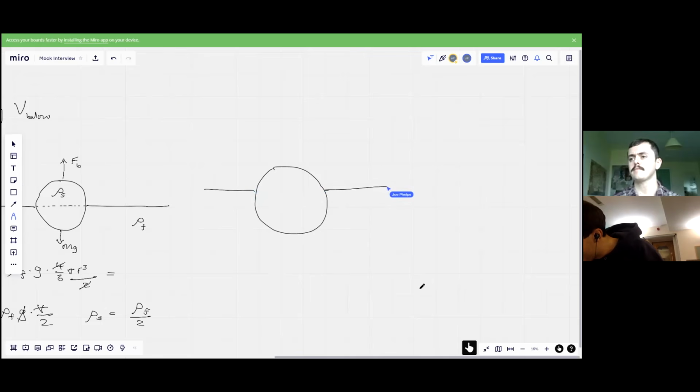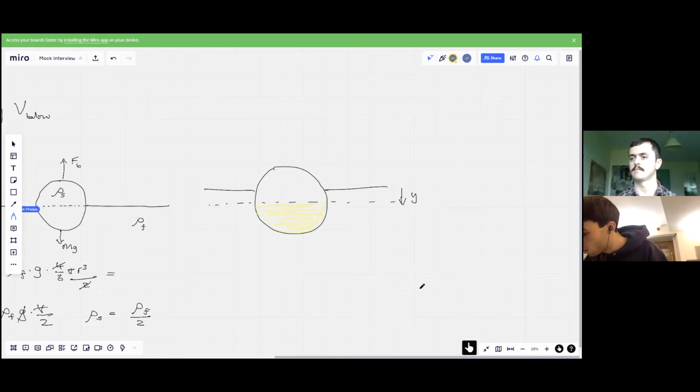So at equilibrium, the sphere was in this position. So we've pushed the sphere down a distance y. So there's now additional volume below the surface on top of the volume that was required for it to be in equilibrium, which was this volume here.